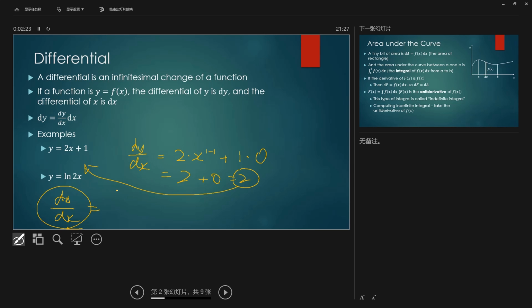We first write 1 over absolute value of 2x, and don't forget the chain rule. We have a 2 here, so we times 2, and then it equals 1 over absolute value of x, because we can eliminate the 2 here. That's the answer. Got it?